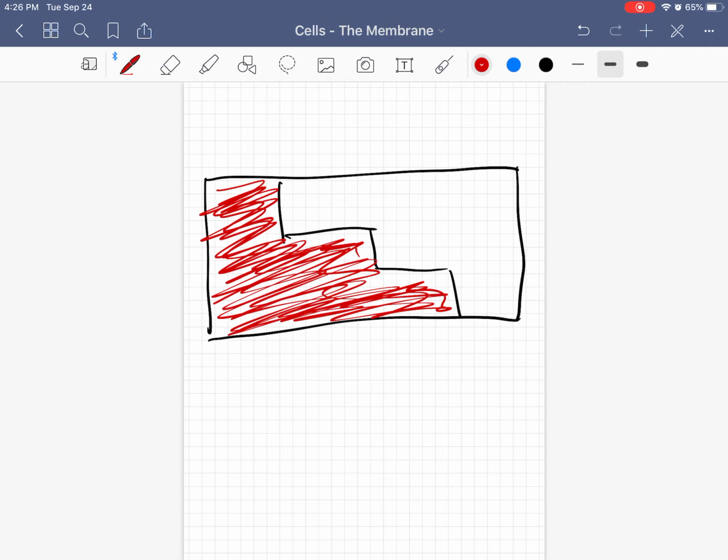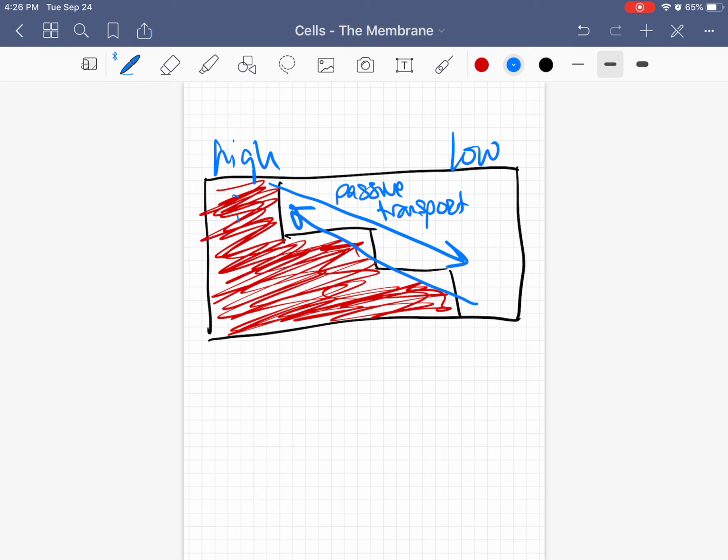Now, if we are going from high concentration to low concentration, from high to low, it's easy to go down that stairway, and that is passive transport. Now, if I want to go from low to high, if I want to move up the stairway, I have to expend energy, and that is active.